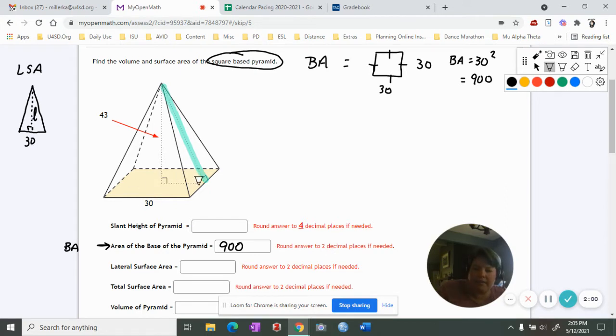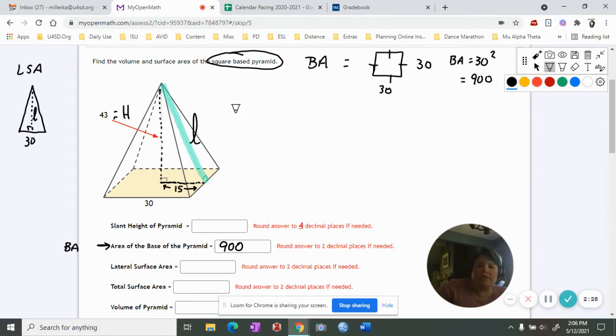This section right here is half of that side. And this coming down is my perpendicular height, that's the capital H that we keep talking about. This here is my slant height. The length of this is half of our side, so if this is 30, half of that is 15.